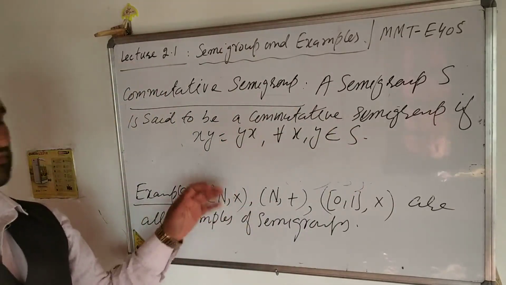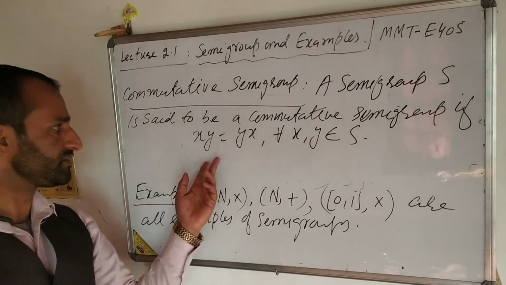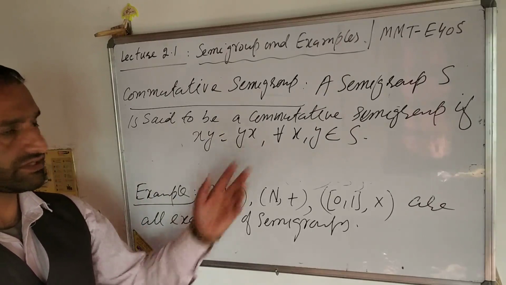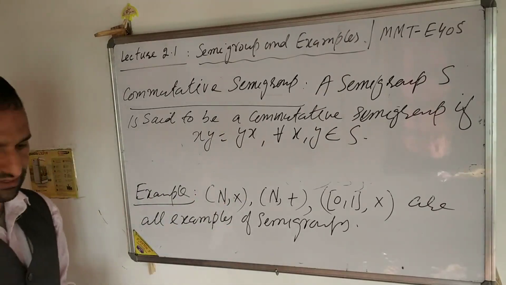When it satisfies this property: if every element of S commutes with every element of S, then the semigroup is a commutative semigroup.